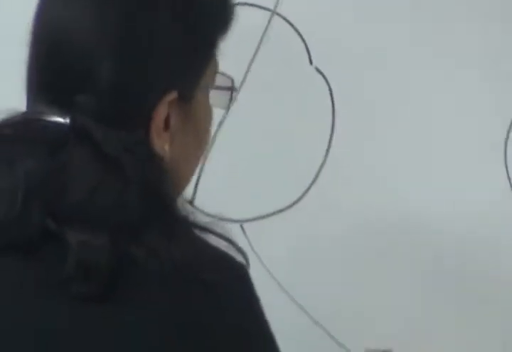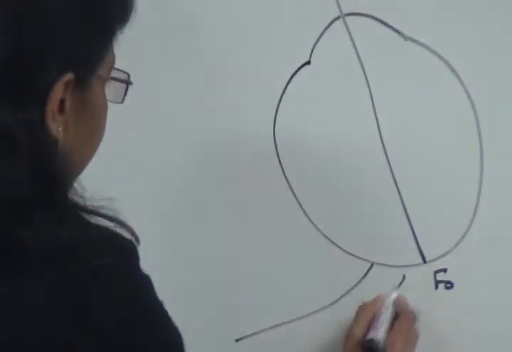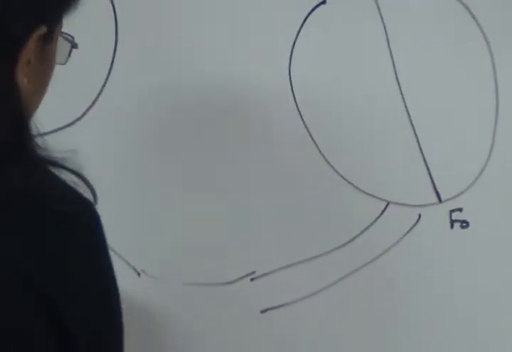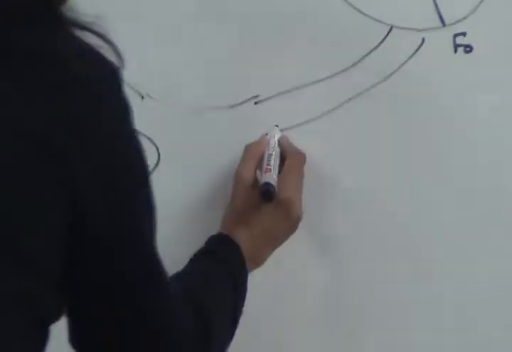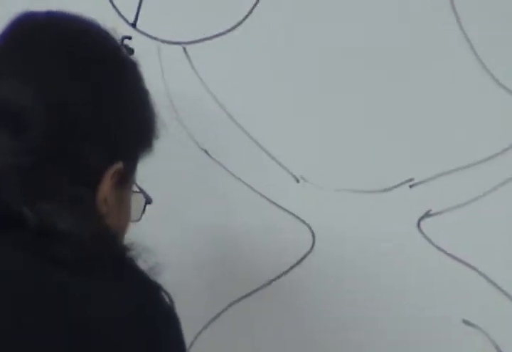So these images that have gone will go via the optic nerve, optic chiasma, into the cortex of this side, into the cortex of this side.